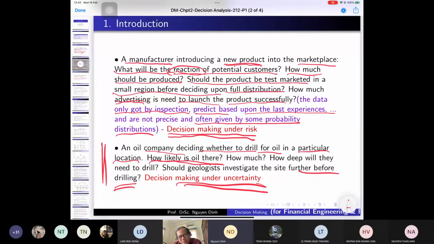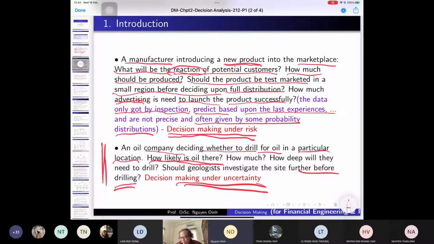We don't have anything, any data, not even a probability of whether there is oil or not. We may have to drill very deep to get oil, or just 200 meters and then you get oil. No, we don't have any information.